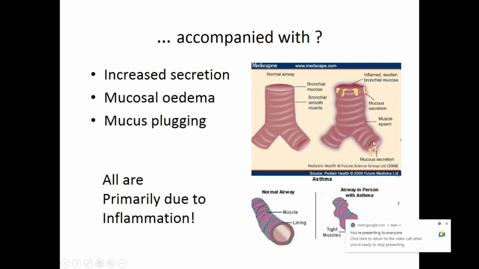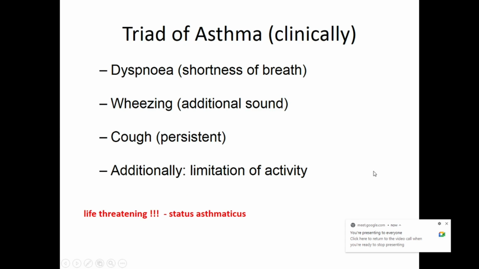Then there is muscle spasm. So when you look at this, clinically the patient will show you shortness of breath, and when you auscultate, you will find an additional sound like wheezing, and a cough which is persistent.